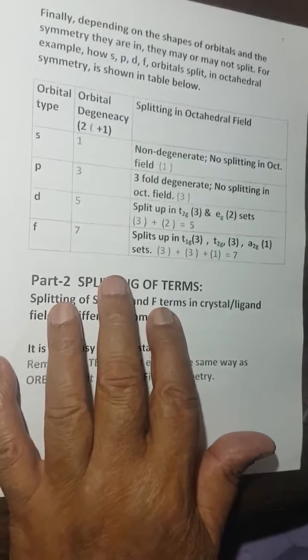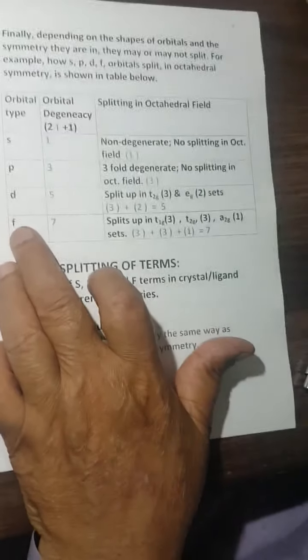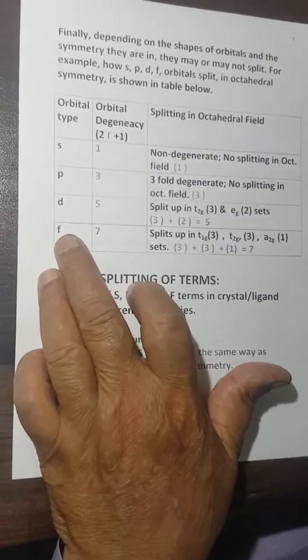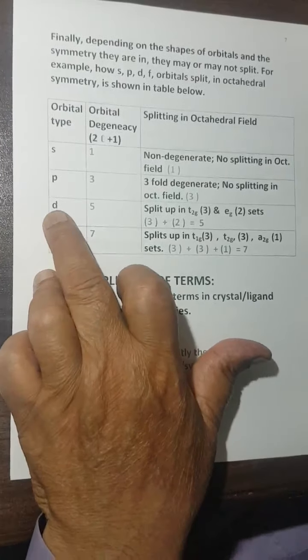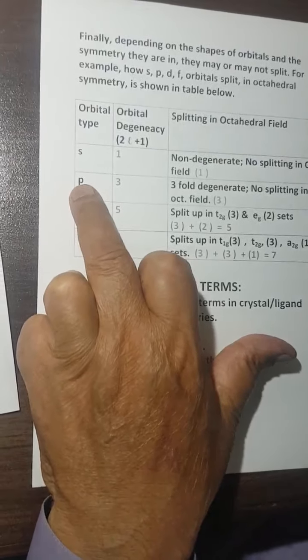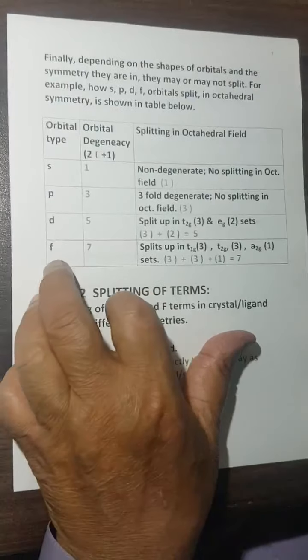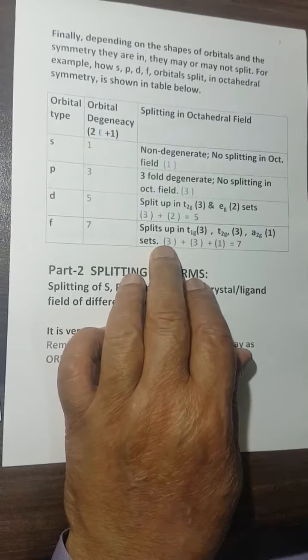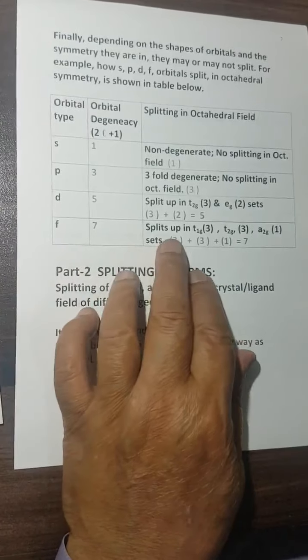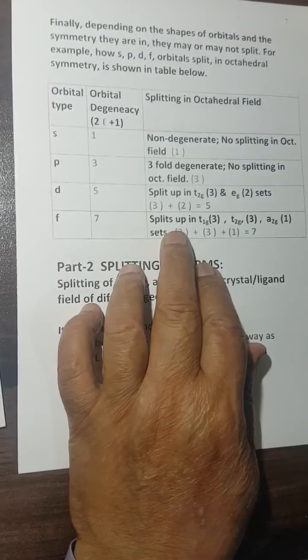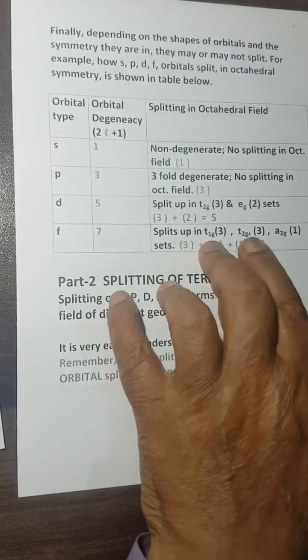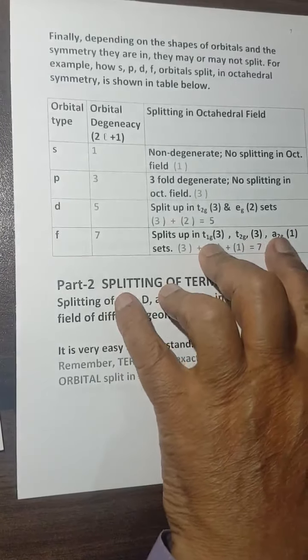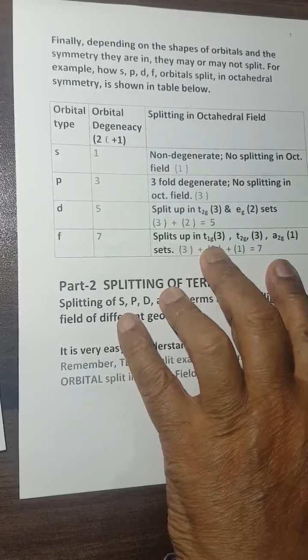F orbitals also have directional character. D has directional character, P has, so they should split. All I want you to know is that F orbital splits up into T1G, T2G and A1G sets.